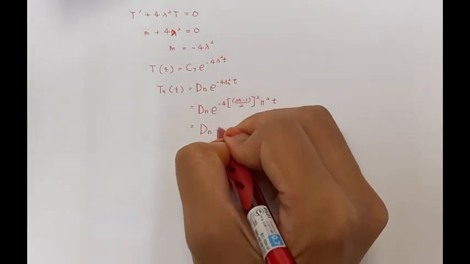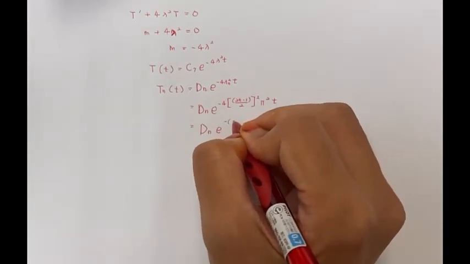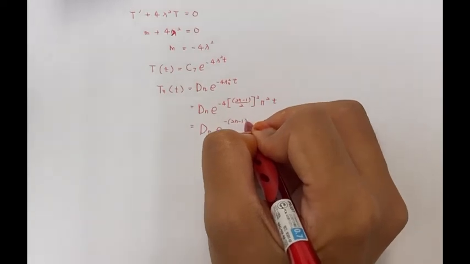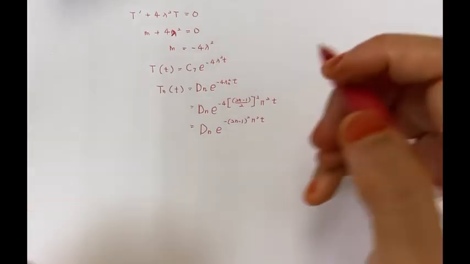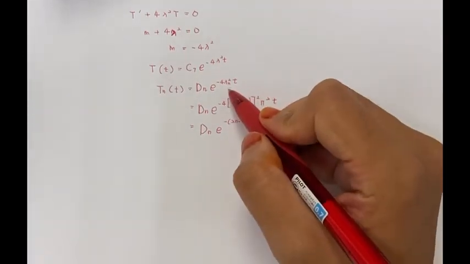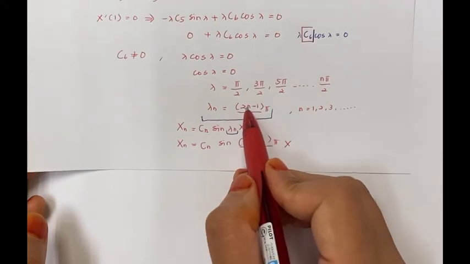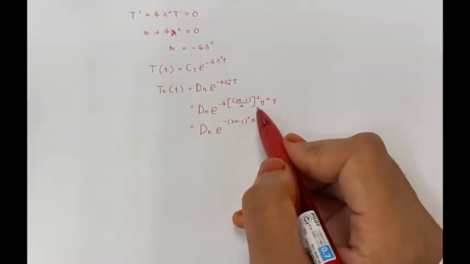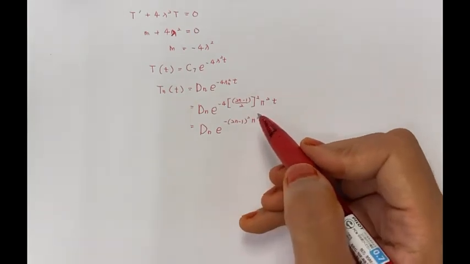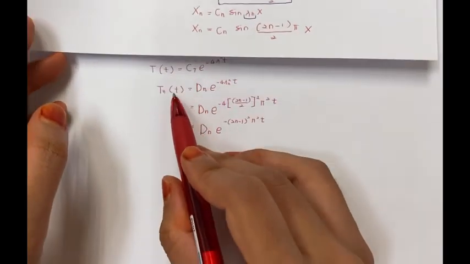So last answer is dn exponent negative (2n minus 1) square π square t. Substitute this λn with the λn you get here, which is (2n minus 1) divided by 2 π. Okay, π square. So you have xn and tn now. This is your xn and this is your tn.